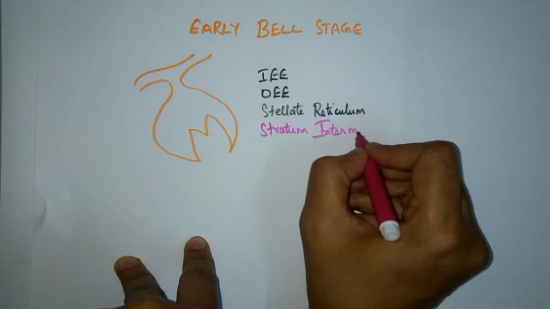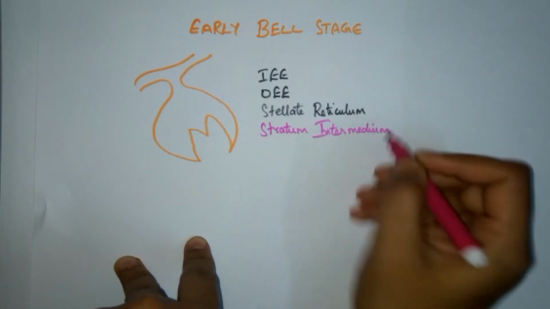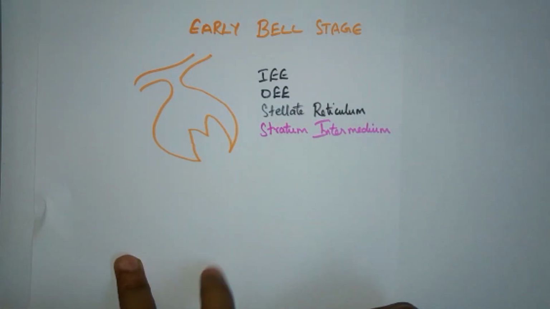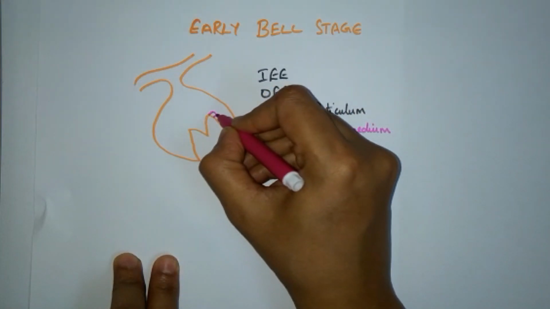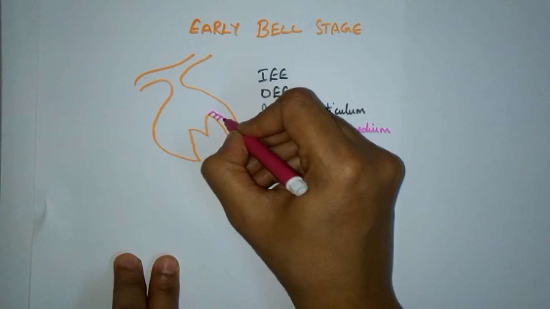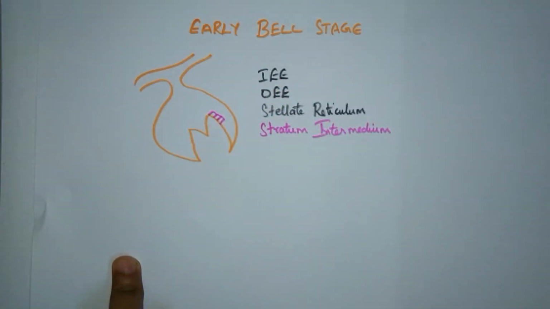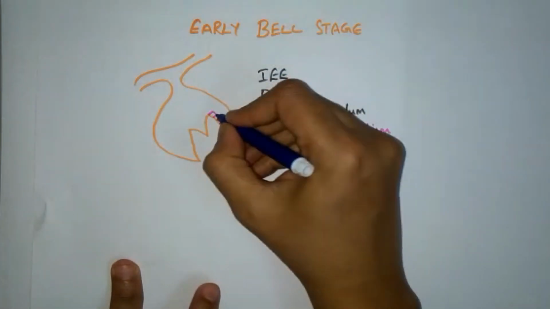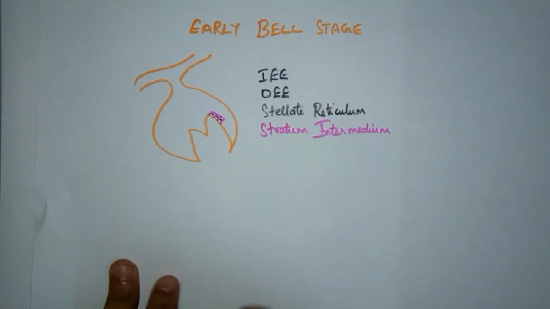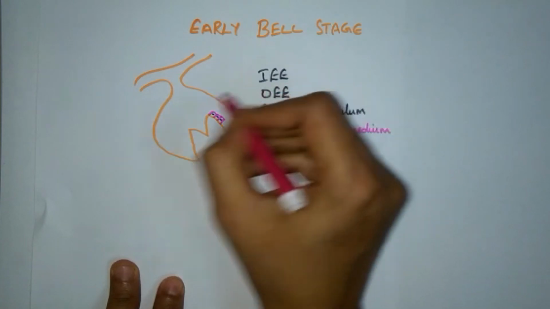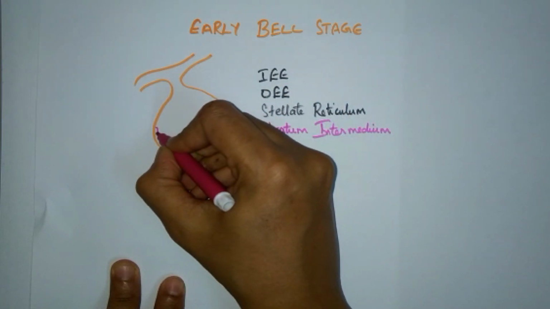Here in this bell stage the cells of the inner enamel epithelium are short columnar. They have not yet become tall columnar and they have their nucleus situated in the center. Now the cells of the outer enamel epithelium are low cuboidal.